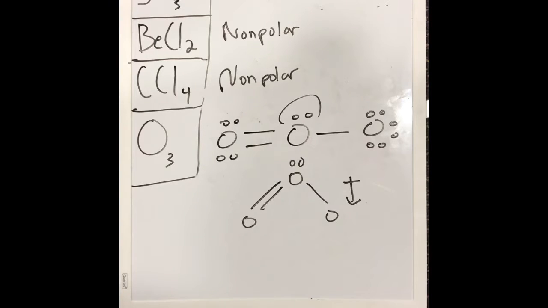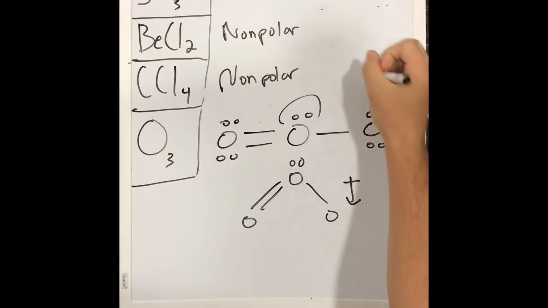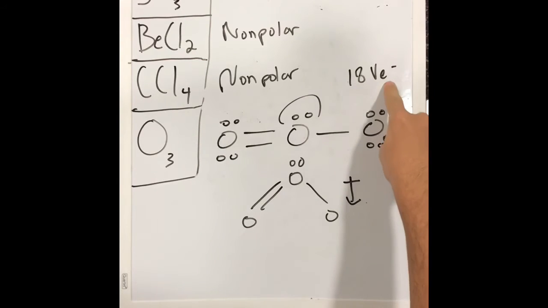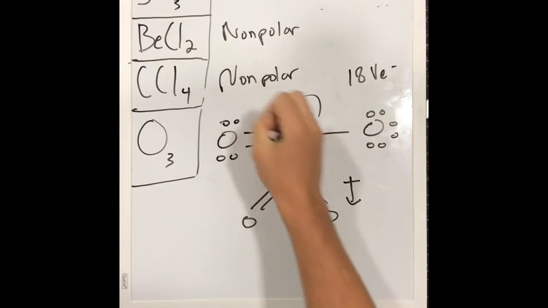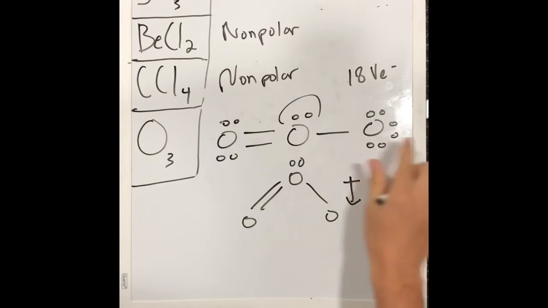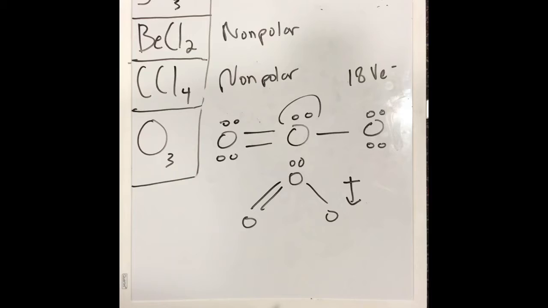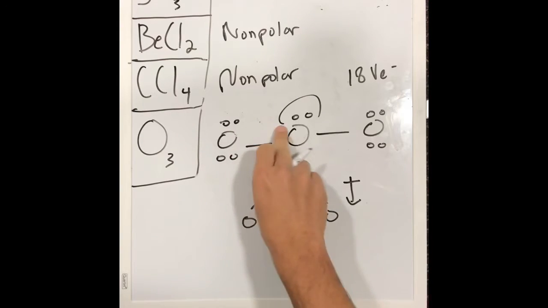Some common problems I run into are not counting the electrons correctly. So this one has 18 valence electrons, and I'll establish that, but when I actually start drawing the structure, I'll maybe not include a bonding pair of electrons, or not include something.